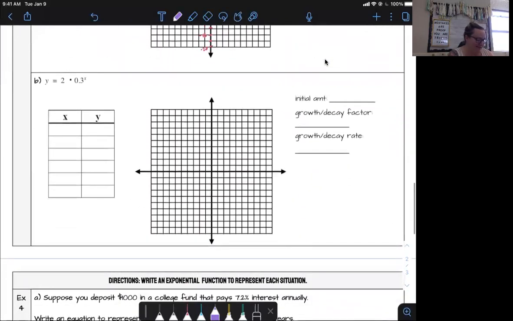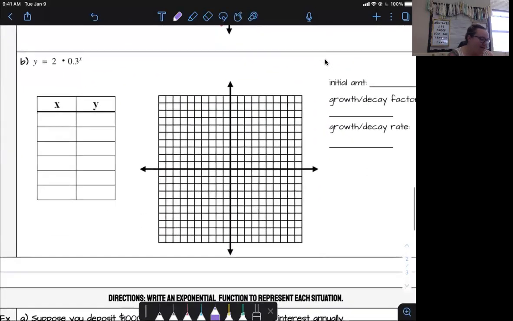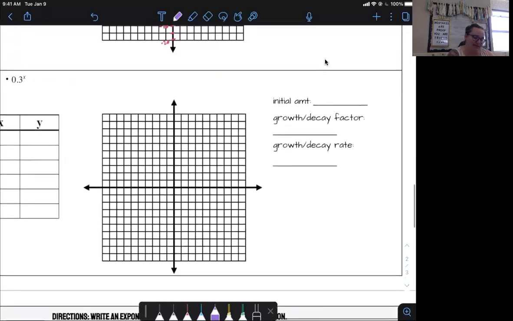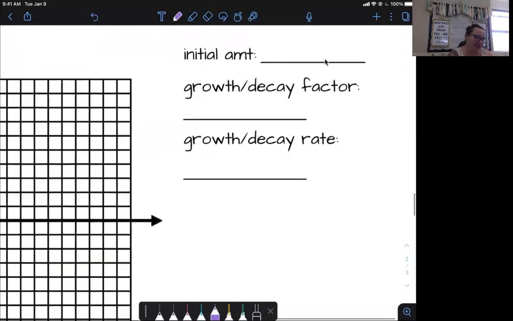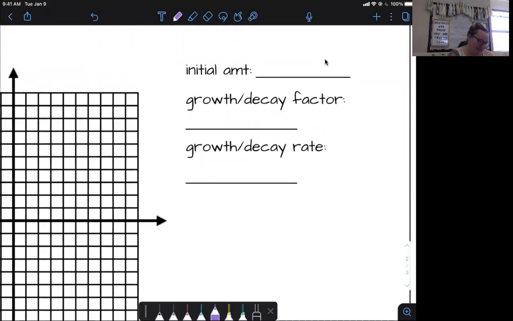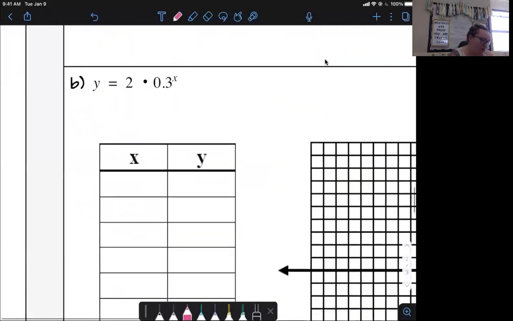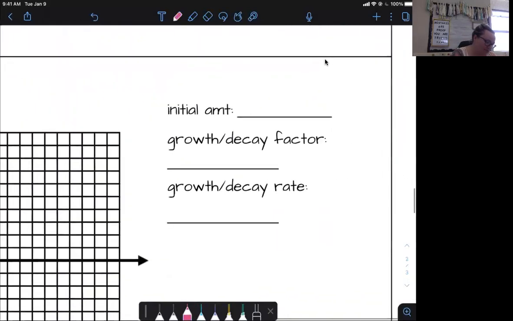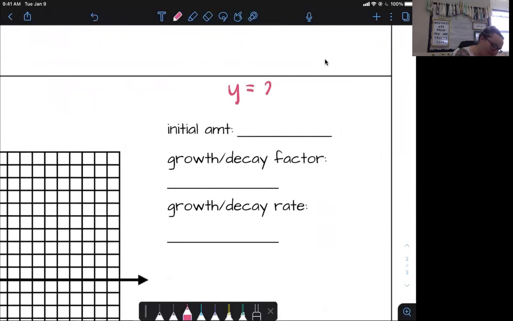All right. So for part B, y is equal to 2 times 0.3 to the x, why don't you go ahead and identify the initial amount, growth and decay factor, the growth and decay rate. So that equation was y is equal to 2 times 0.3 to the x.